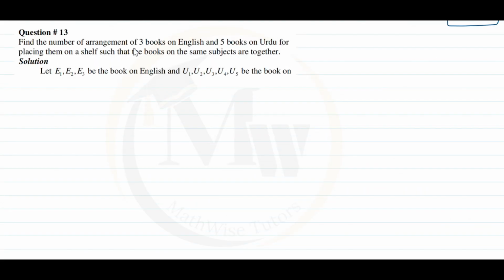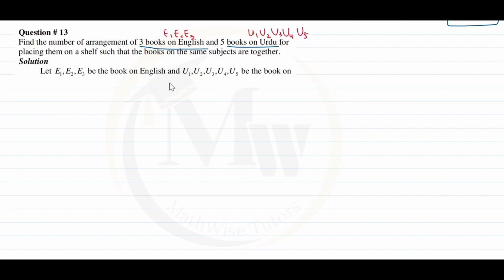They said find the number of arrangements of 3 books on English and 5 books on Urdu. So let's call the 3 English books E1, E2 and E3, and the 5 Urdu books U1, U2, U3, U4 and U5, for placing them on shelves such that the books on the same subject are together.